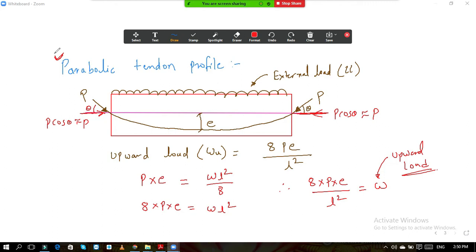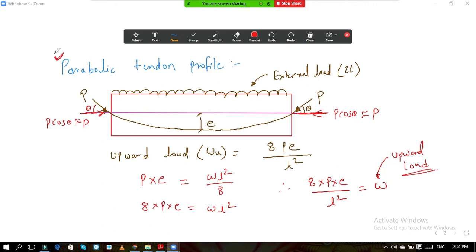I think this much is sufficient for today. So tomorrow we will take the strength concept. What is the strength concept? And after that we will take the numericals which are generally asked in the examination.